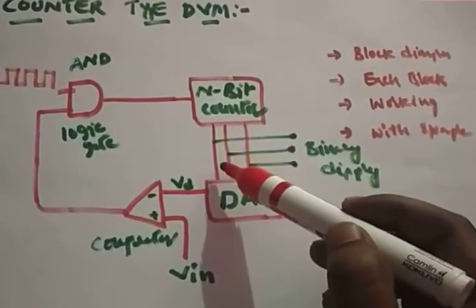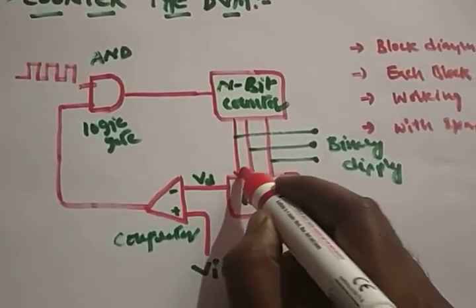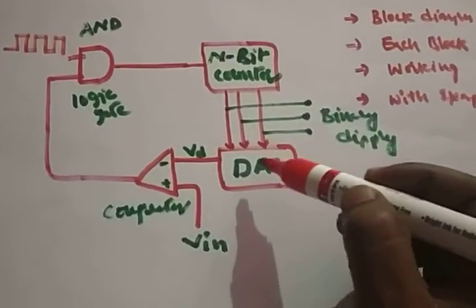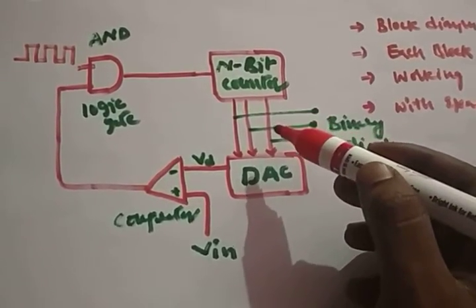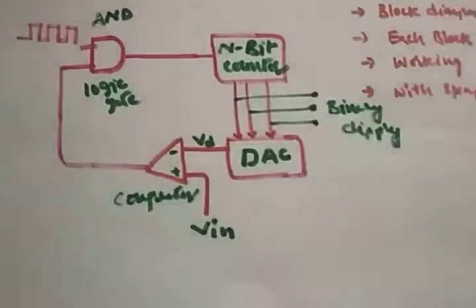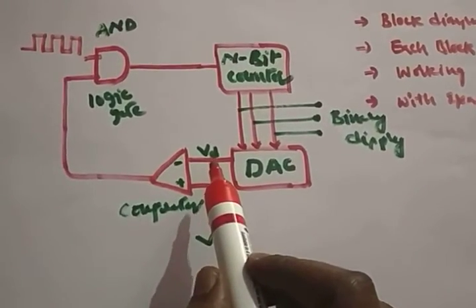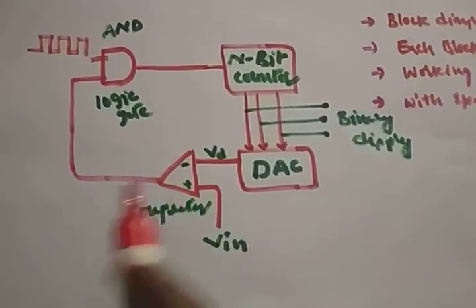Whatever the output of the n-bit counter is given to the digital to analog converter. The digital data coming out of the counter is converted to analog. After that, the output of the digital to analog converter is given to the comparator.